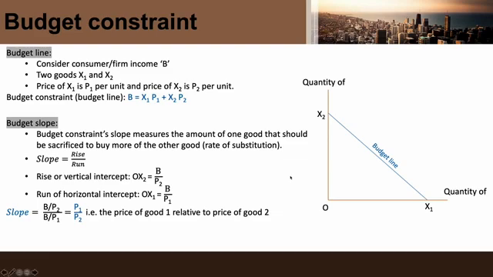So if we have to derive the slope of this line, we will divide OX2 by OX1, which is B by P2 divided by B by P1, and we get the ratio of the price of commodity 1 to the price of commodity 2. So the slope of the budget line is the relative price of good 1 to good 2.